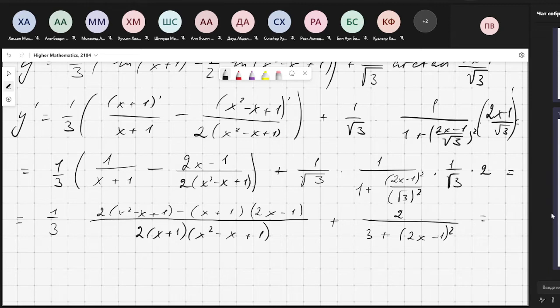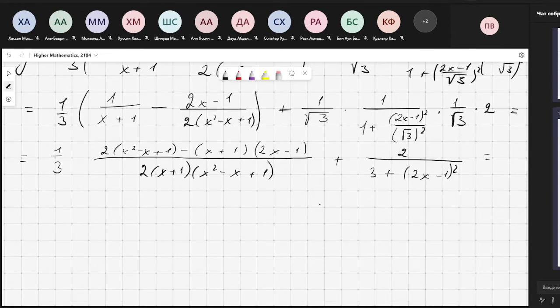Okay. Find 1 over 6, 3 by 2. Then 2x squared minus 2x plus 2 minus 2x squared plus x minus 2x plus 1.